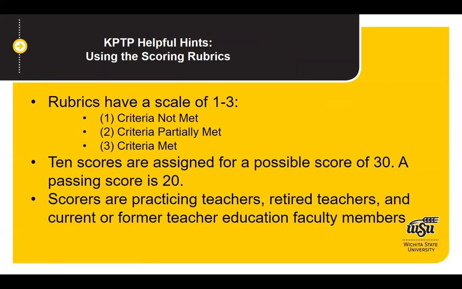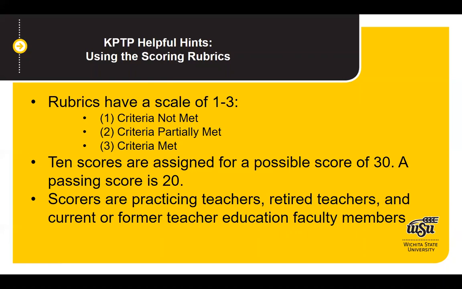I encourage you to use the scoring rubrics that are provided within your content guidelines. You will find that the rubrics have a scale of 1 to 3. 3 means you've met the criteria, 2 means the criteria was partially met, and 1 means the criteria was not met. 10 scores will be assigned for a possible score of 30.